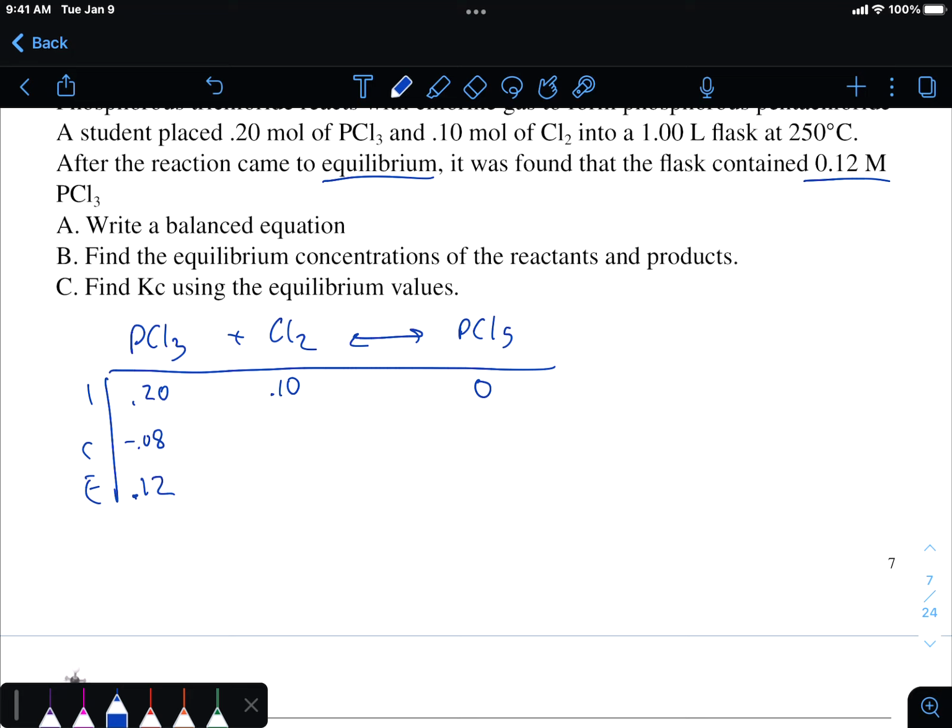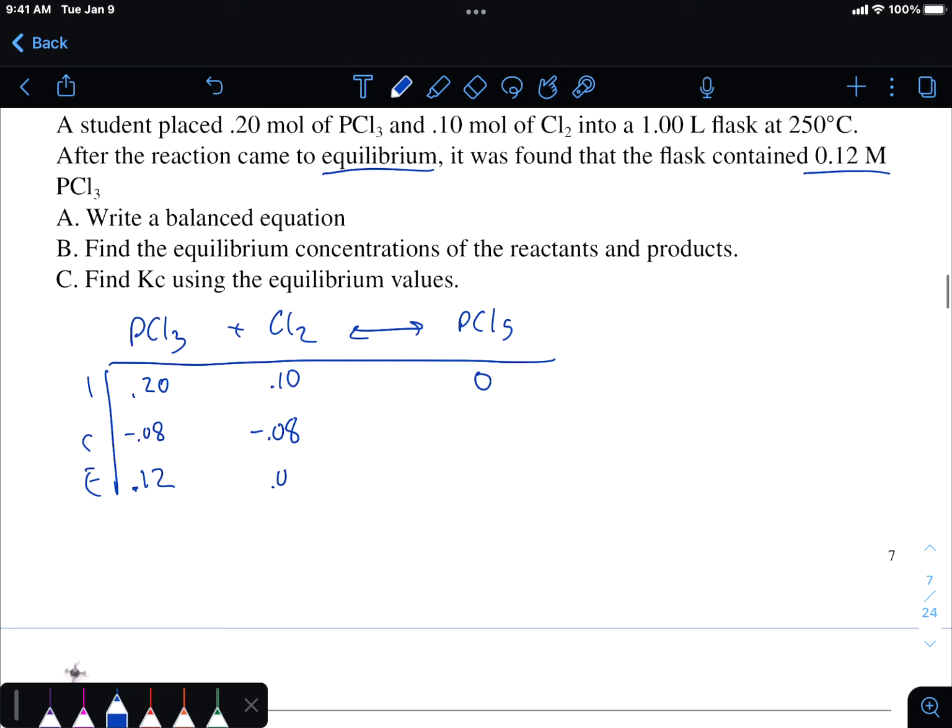Reed, what do you think? Shouldn't it be the same value as the change? It should, and what is the reason why it's the same? Because there's no coefficient. Yeah, they have the same coefficient of 1. So if they have the same coefficient, they have the same rate of change. Okay, so 0.02 is my equilibrium concentration there.